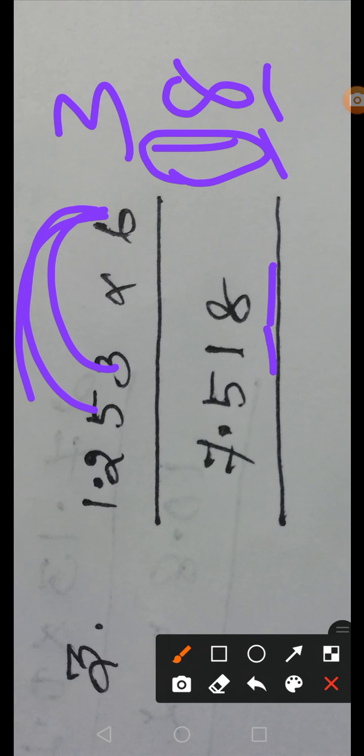Then 6 twos are 12. 12 plus 3 is 15. 5, remaining 1. 6 ones are 6. 6 plus 1 is 7.